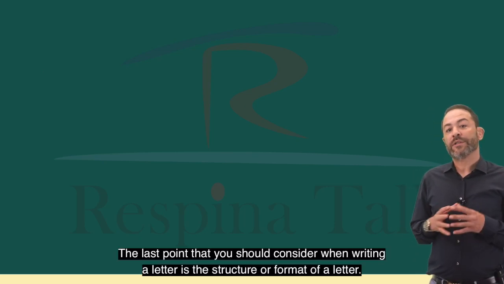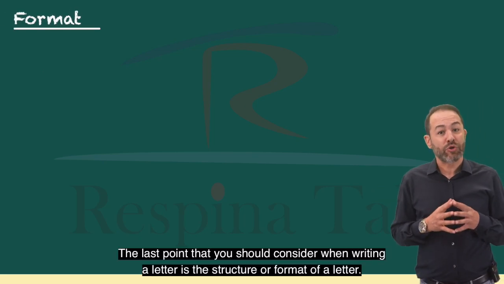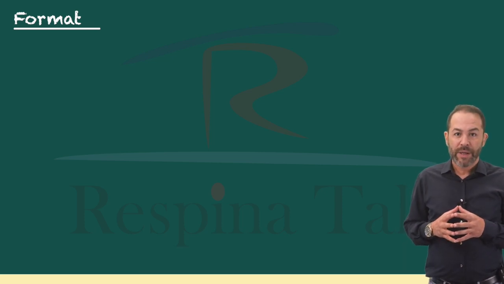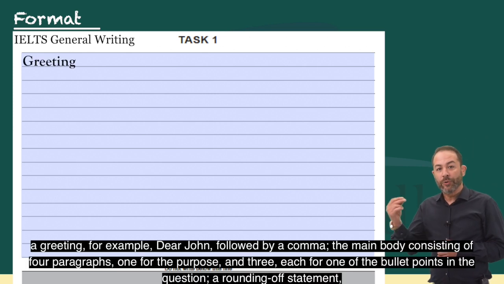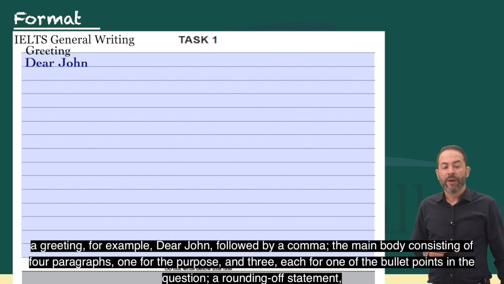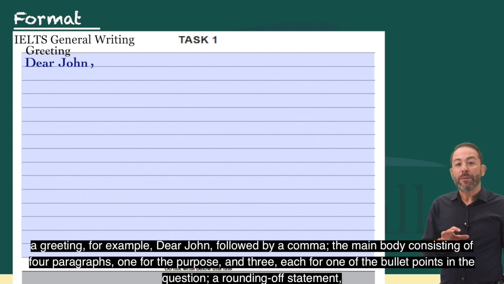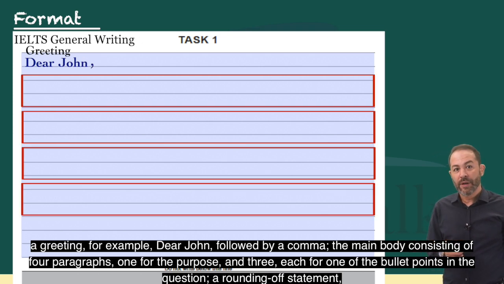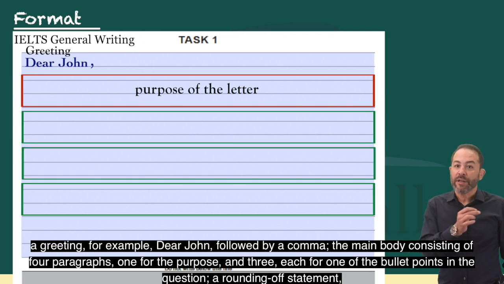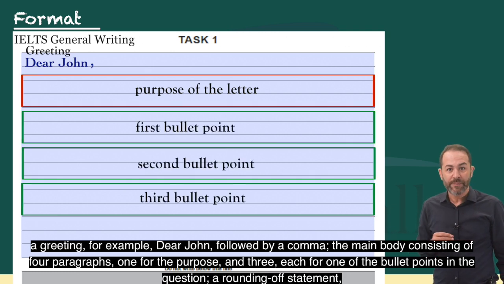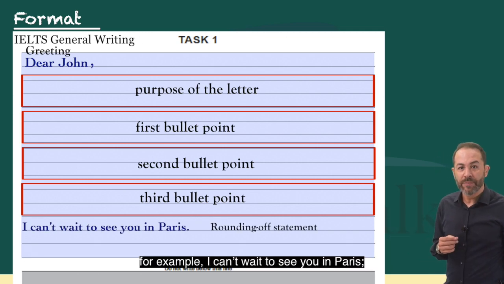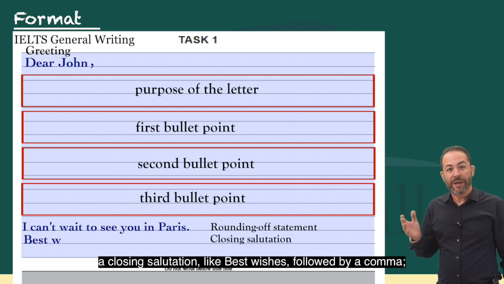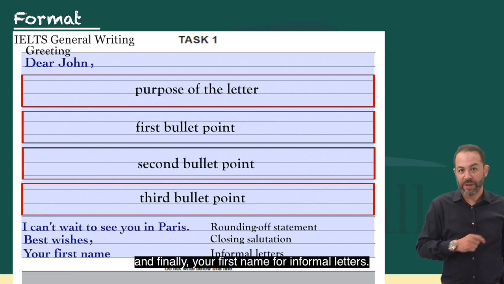The last point that you should consider when writing a letter is the structure or format of a letter. In IELTS General Writing Task 1, a proper format would include a greeting, for example, Dear John, followed by a comma, the main body consisting of 4 paragraphs, 1 for the purpose and 3 each for one of the bullet points in the question, a rounding off statement, for example, I can't wait to see you in Paris, a closing salutation like best wishes, followed by a comma, and finally your first name for informal letters.